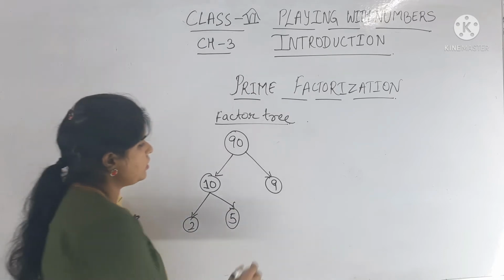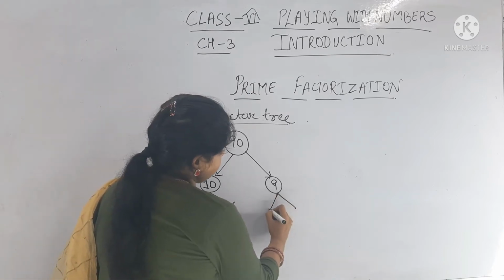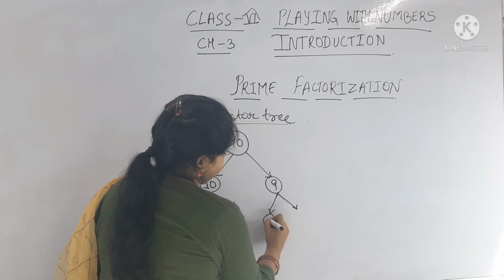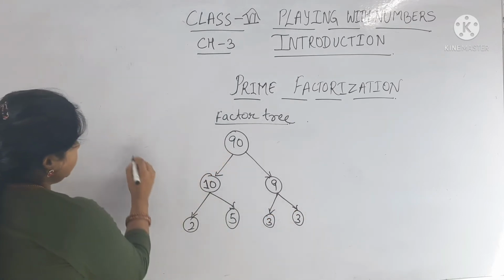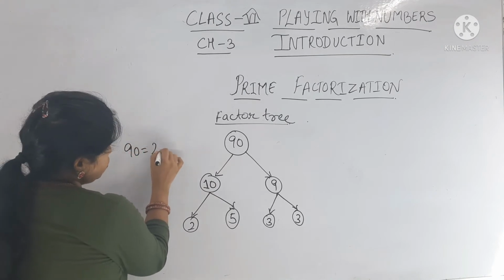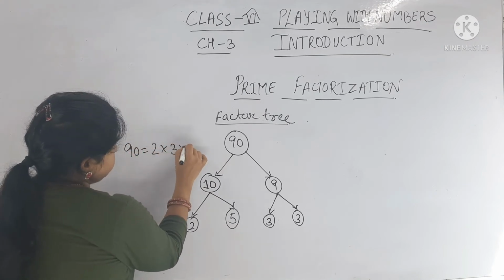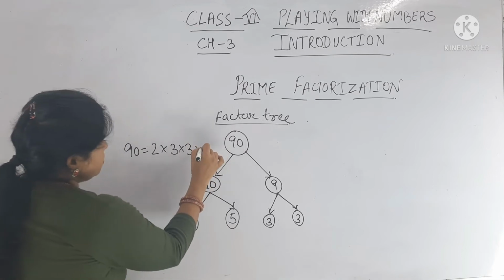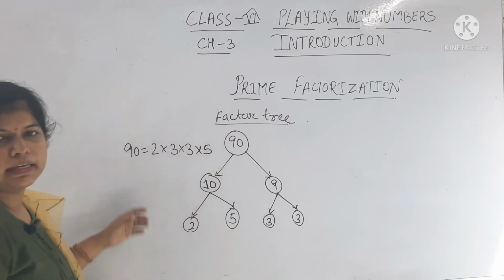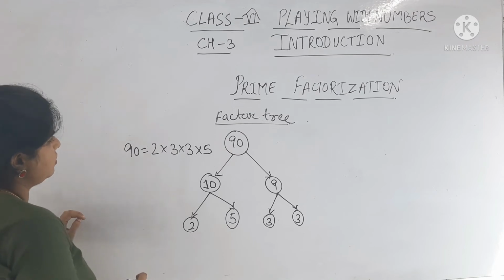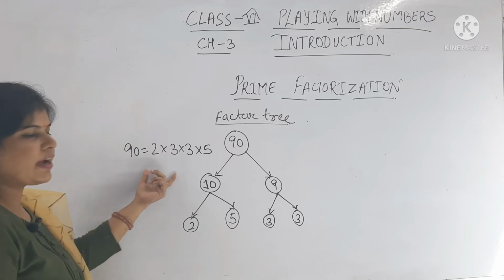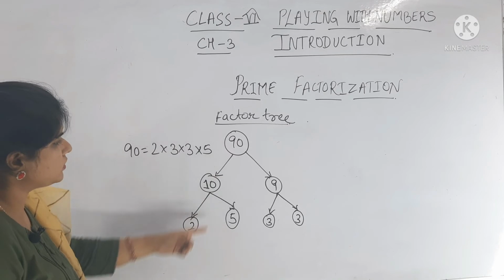And 3 3s are 9. So the factors of 90 are 2 into 3 into 3 into 5. This is the prime factorization of 90. This is the factor tree.